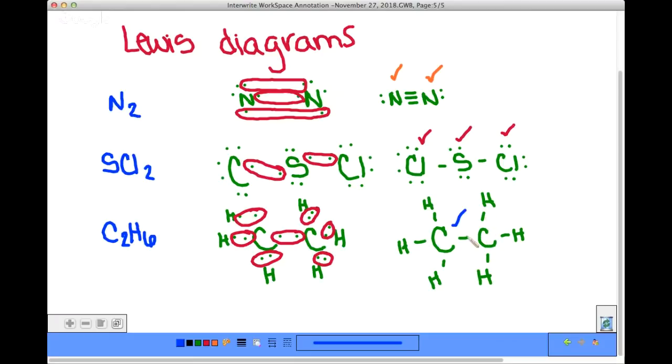This carbon sees 2, 4, 6, 8 electrons, that's good. Each hydrogen sees 2, and hydrogen only needs 2, so we know that that's good as well. So those are your Lewis dot diagrams. You definitely want to be able to draw these and make sure that you're comfortable doing so. And again, there is that homework on drawing Lewis dot structures, so make sure that you go back and review that if you have questions on them.